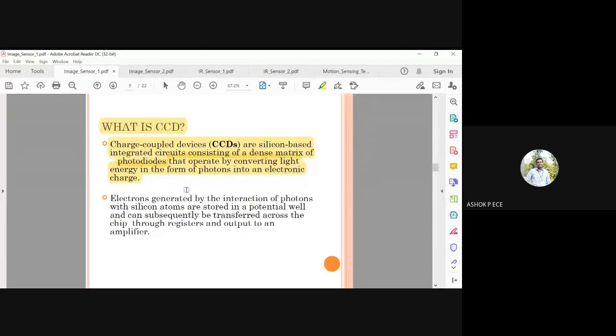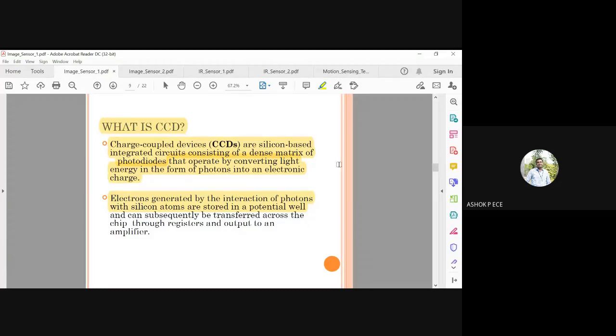And how is the charge coupled? By the interaction between the subsequent wells, the charge is going to be transferred. The electrons generated by the interaction of photons with silicon atoms are stored in a potential well. So remember, when light falls on these photodiodes, it is going to generate electrons, and these electrons are going to be stored inside a potential well.